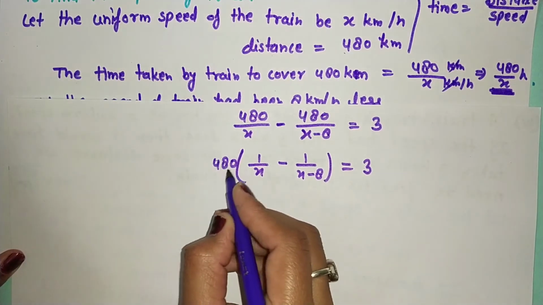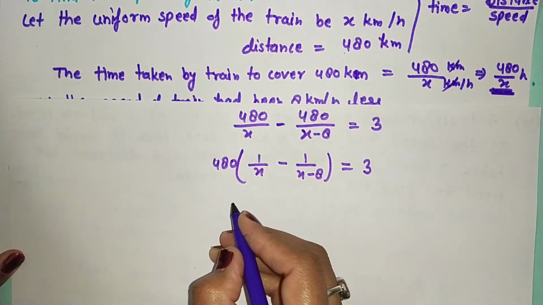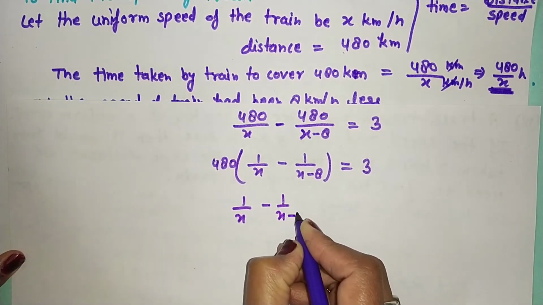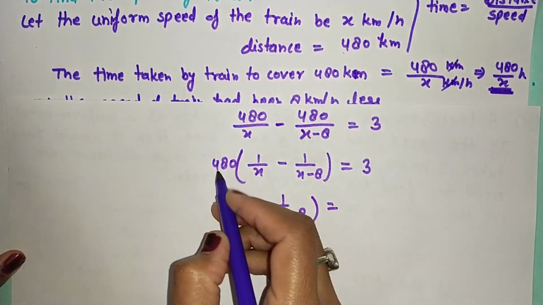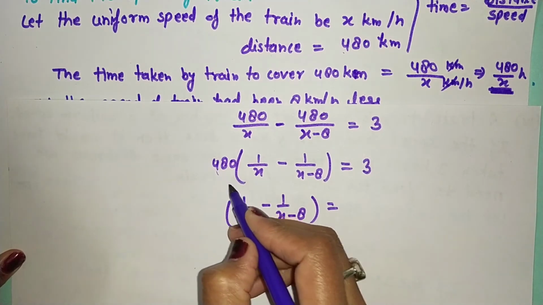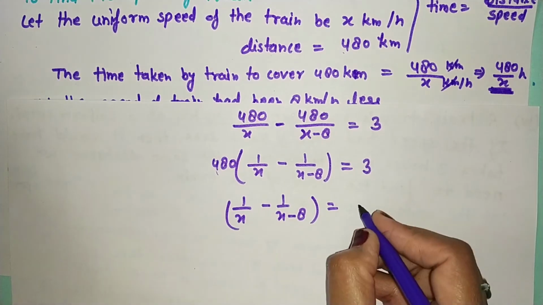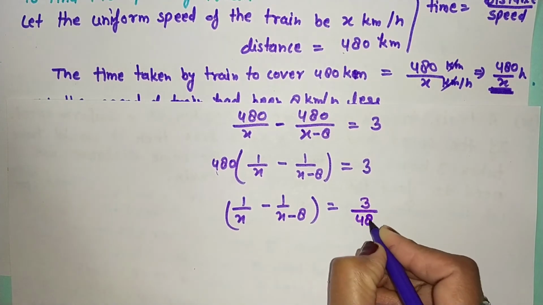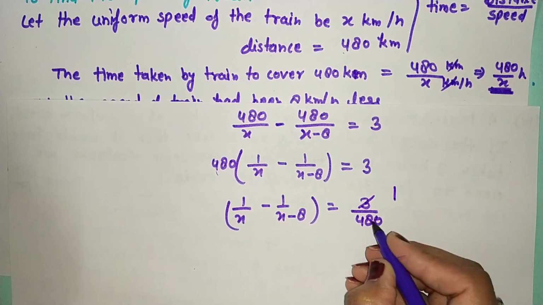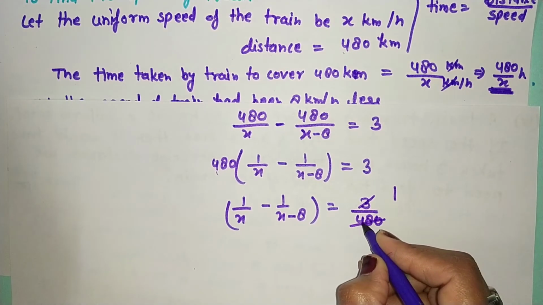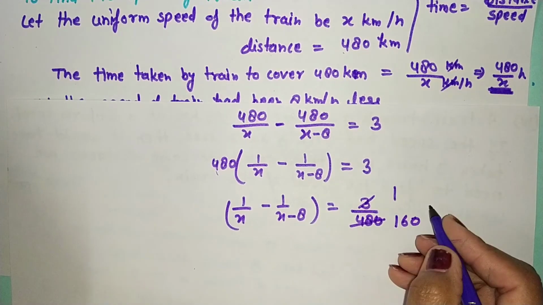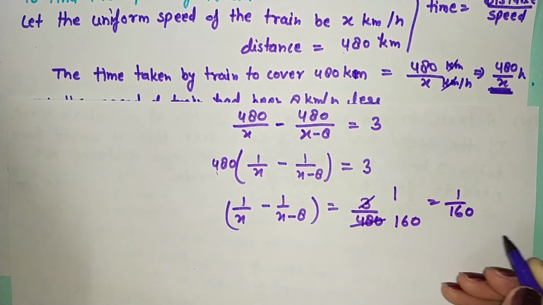Now we transfer 480 to RHS, it is divided, and we get 3 upon 480. By cancelling, we get 1 upon 160.